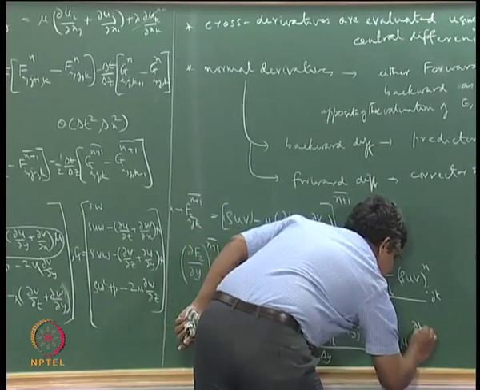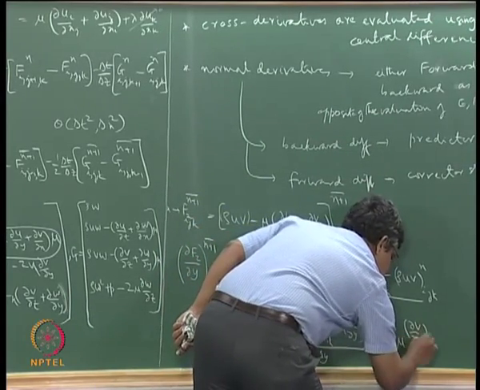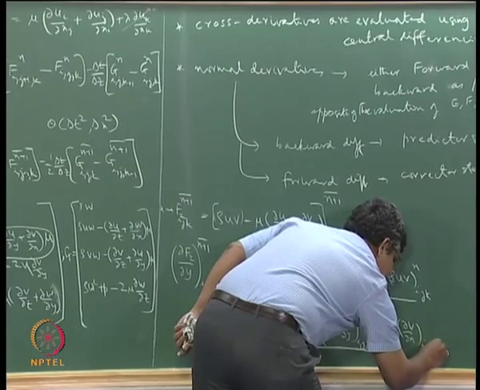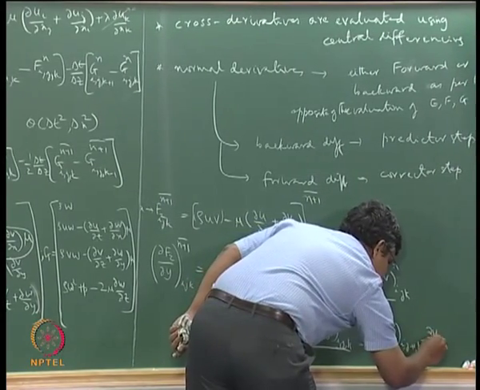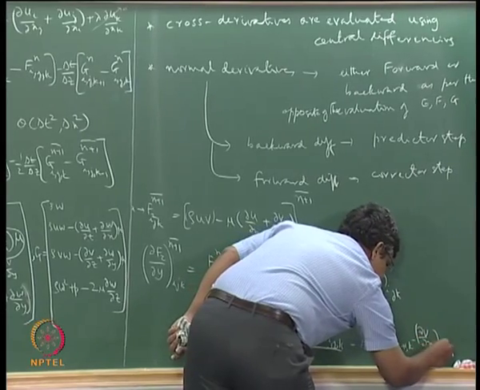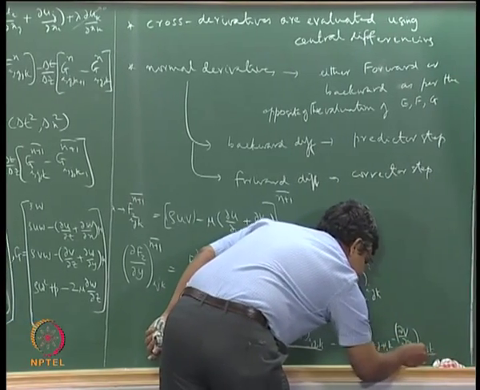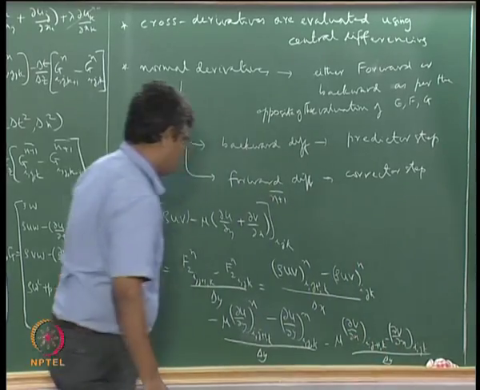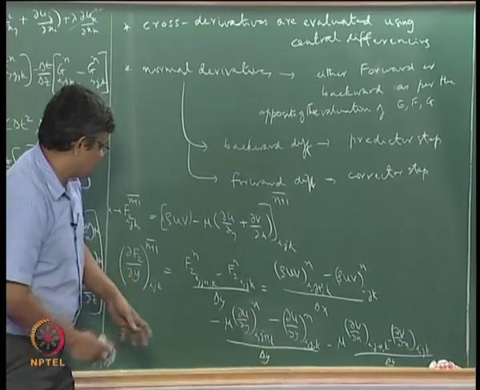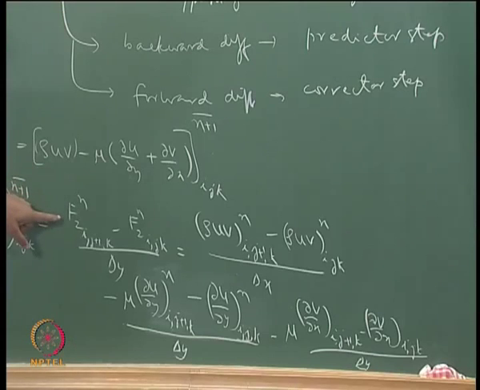So again we can write dou v by dou x at i, j plus 1, k minus dou v by dou x at ijk, divided by delta y. Okay, so this is the total expression of the dou f2 by dou y term.